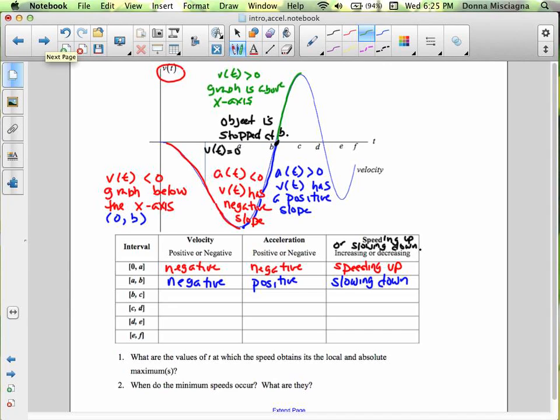So from B to C, velocity is positive. a of t is also greater than 0 because v of t still has a positive slope. And actually, let's put it over here. So that's going to be from A to C. We had that positive slope, so this is positive. And that means we are speeding up.